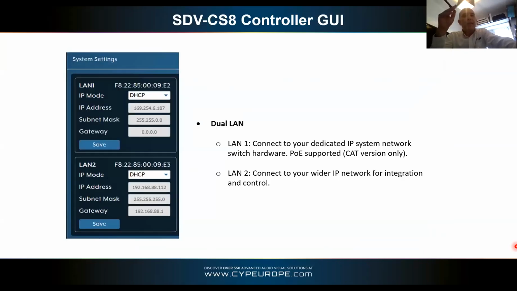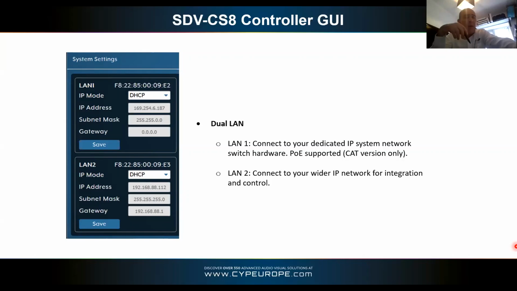This indicates the dual LAN connectivity of the CS8. The standard configuration is for LAN 1 to be your PoE input, connected to the IP network switch that all of your SDVoE system is connected to, and LAN 2 is for the wider IP system in the premises that you're installing.